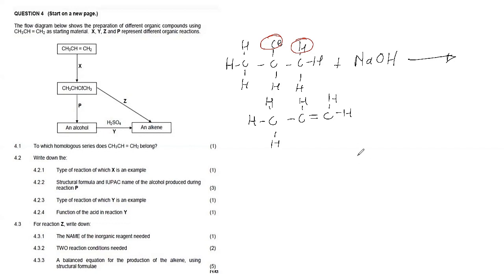So this is the major product that forms. Then when we take out these ones, the chlorine will react with sodium to form sodium chloride, and the hydrogen will react with the OH here to form water. So these are our two byproducts, and this is how we have our balanced equation for 5 marks.